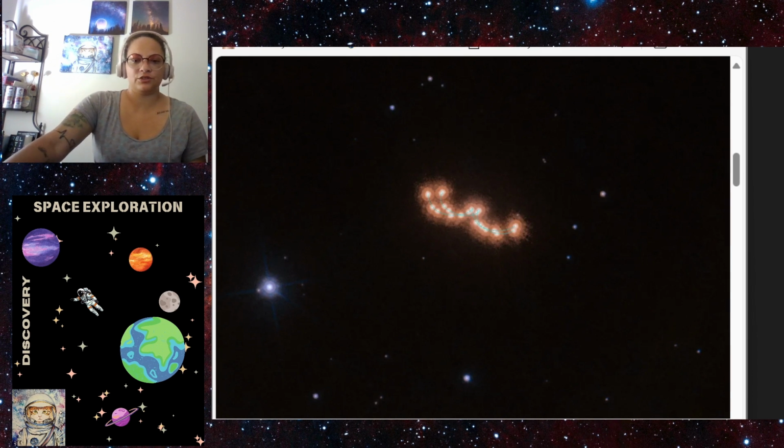I believe that's due to the fact that Luhman 16B exhibits weather-like cloud variations. It makes it look more like Jupiter, just a glowing Jupiter, and it's one of the first brown dwarfs where atmospheric dynamics were observed.